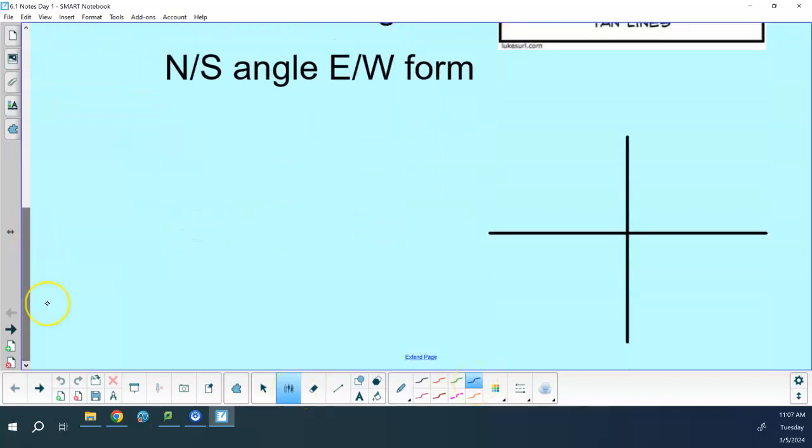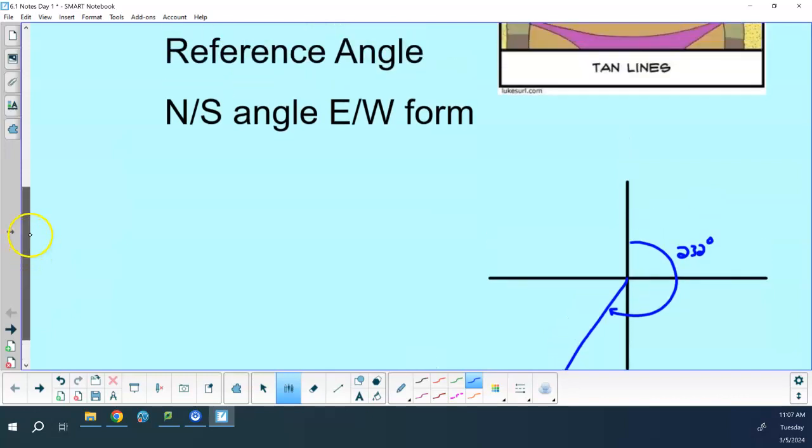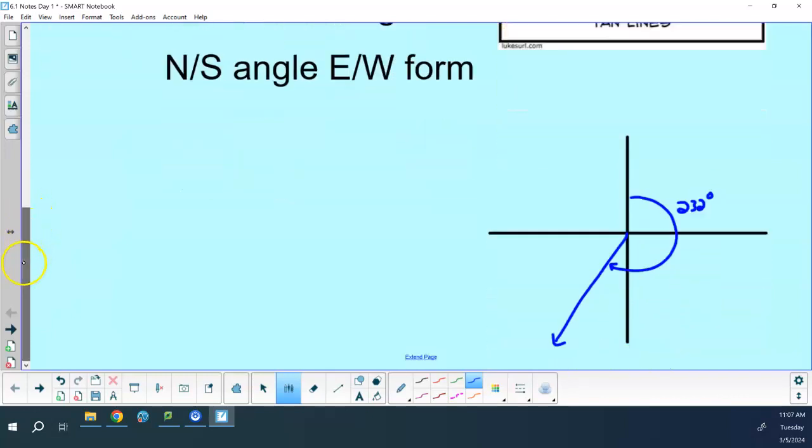So 232 would be down in here, where this then would be 232 degrees. Which means then that I need to find the trig angle. The trig angle is going to be this one right here. So I should probably actually find the reference angle first.